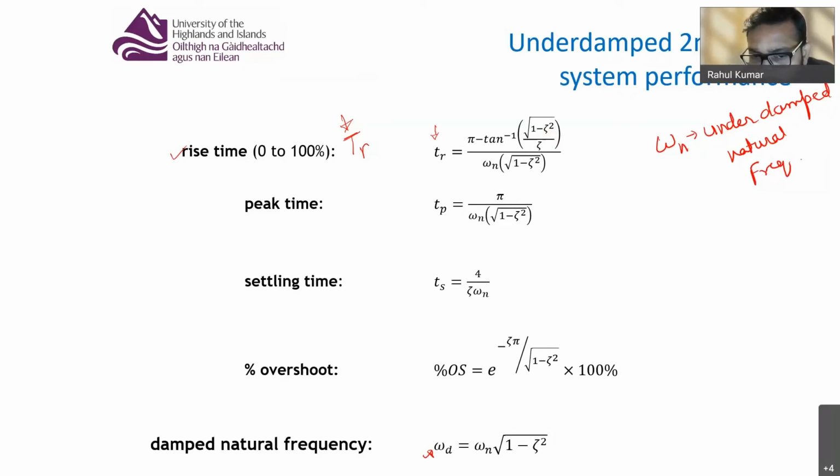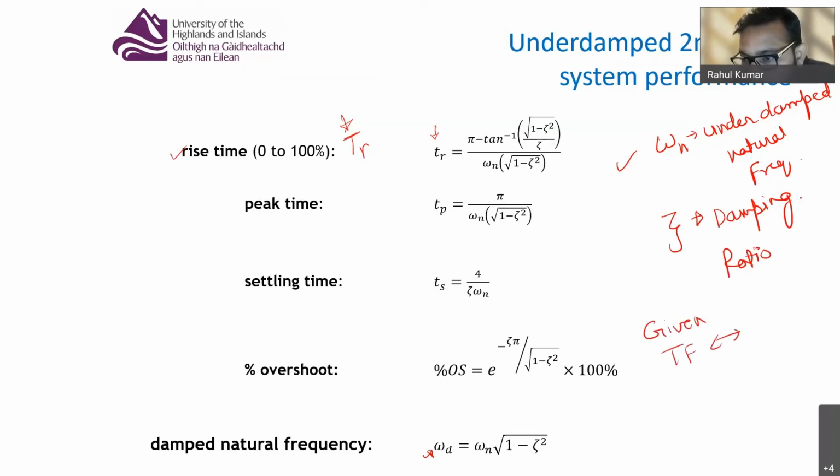So for calculating these values, we would need omega n and the value of zeta, that is your damping ratio. This can be found by comparing the given transfer function with the standard or generalized transfer function of second order.